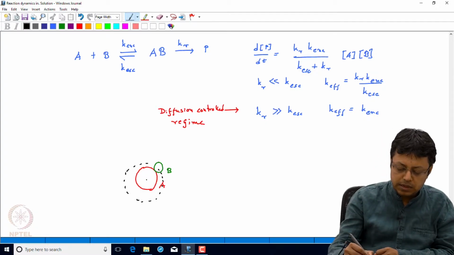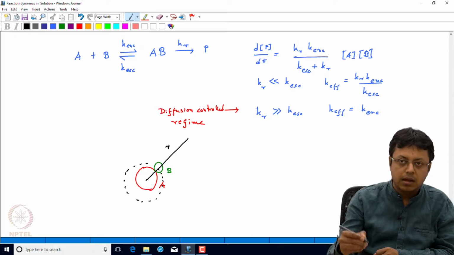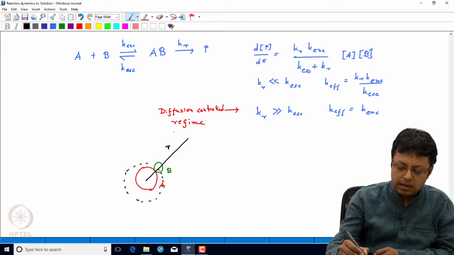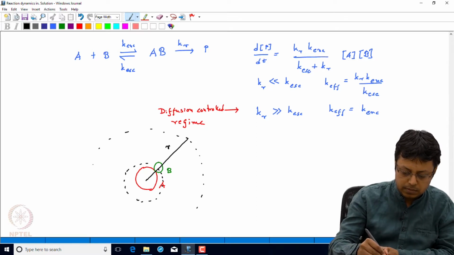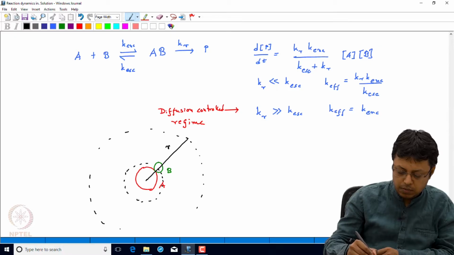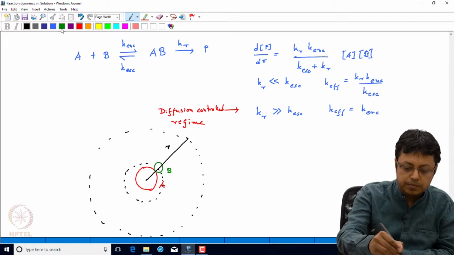But the question here is that this B is coming from a distance, let us say at a distance r, and then we can think that there is a bigger radius from where this B is coming from.